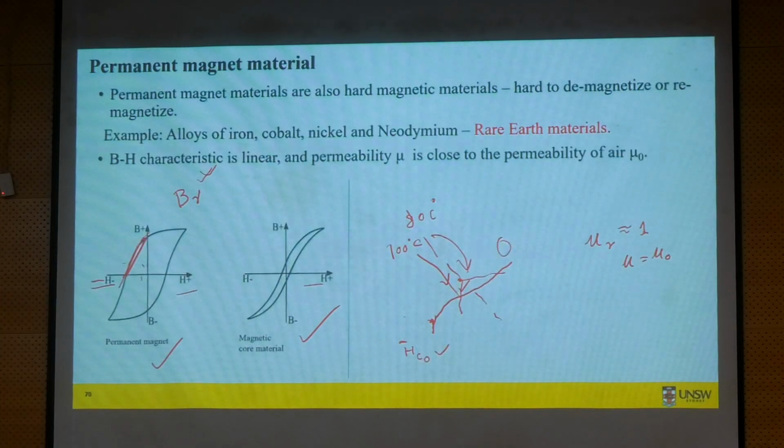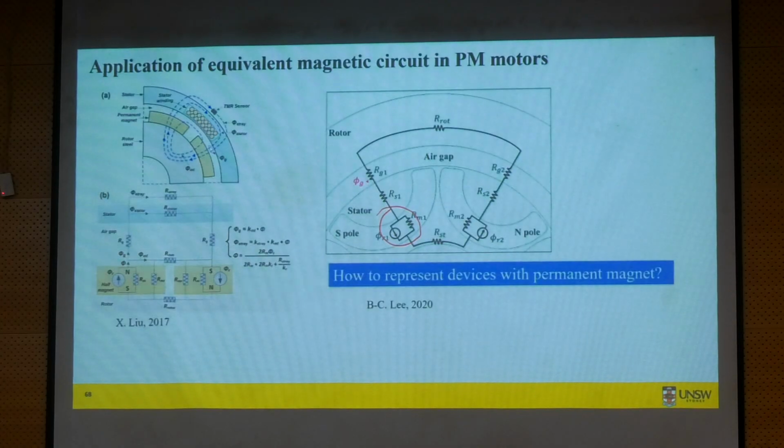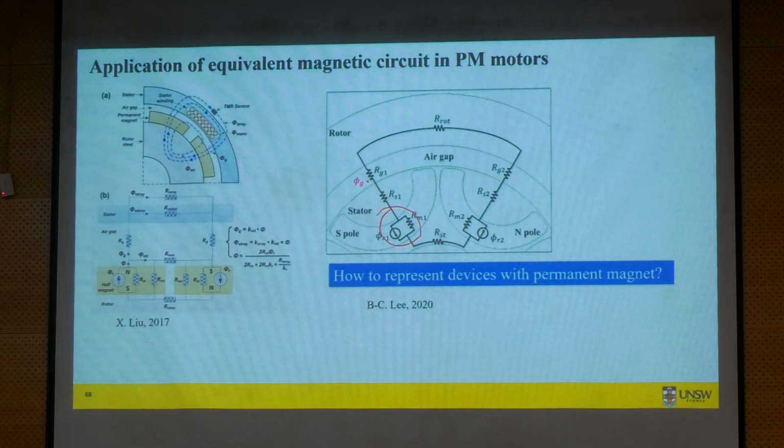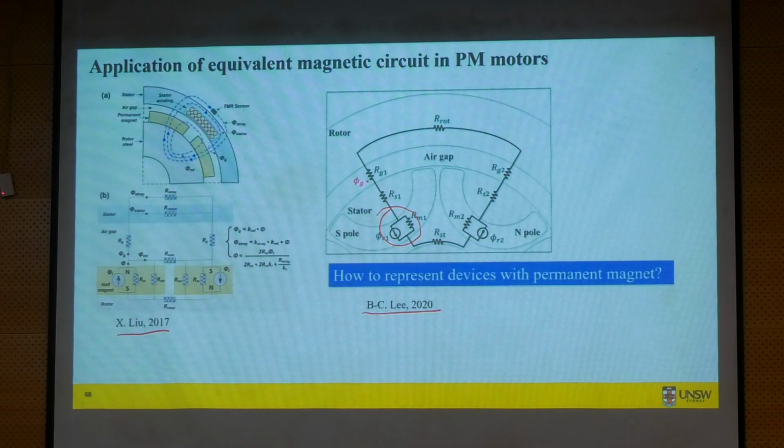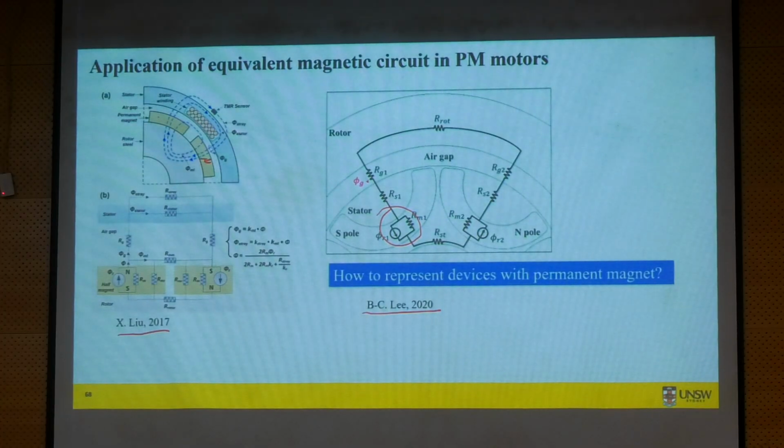This is what has been done. You can see back here, these two examples from two papers, one in 2017, the other in 2020. In these two papers, they try to represent these two motors by an equivalent circuit. And the magnet part, here are your magnets, in this case here are your magnets.